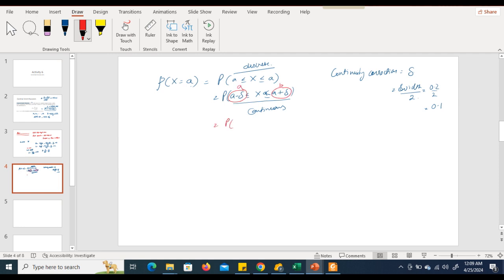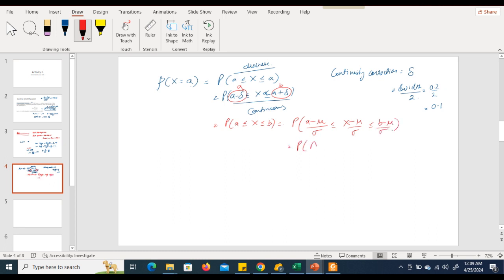In the case of the normal distribution, if we have continuous data, how can we calculate the probability? Firstly, we subtract the population mean from the lower limit and divide by the standard deviation of the population, and likewise for the upper limit: minus the mean divided by the standard deviation.